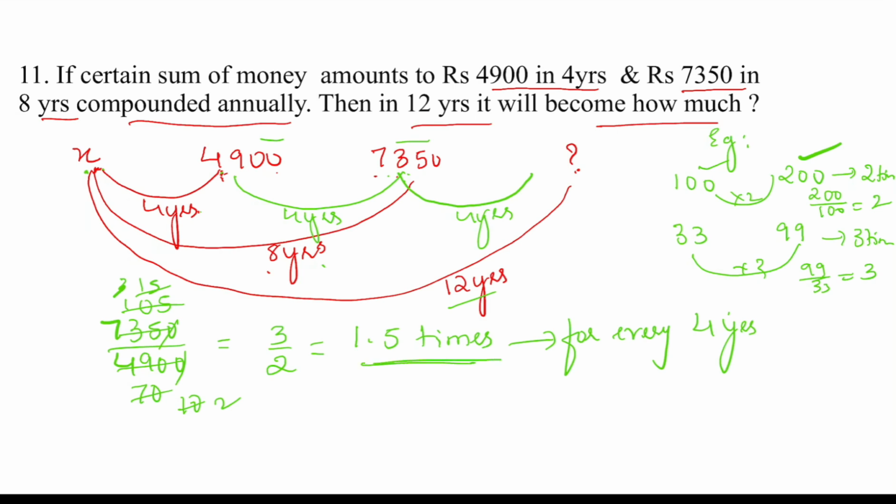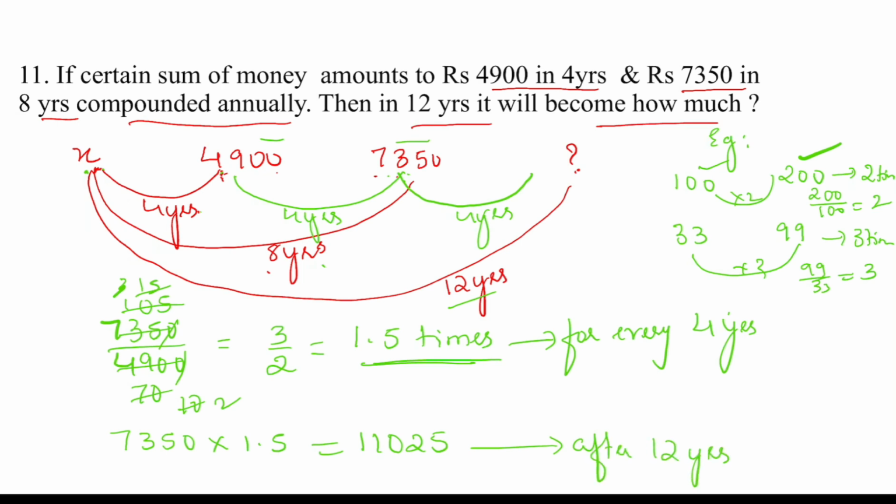Therefore, to go from 7,350 to 4 years, it should increase by 1.5 times. So 7350 into 1.5 will be 11,025. This is after 12 years.